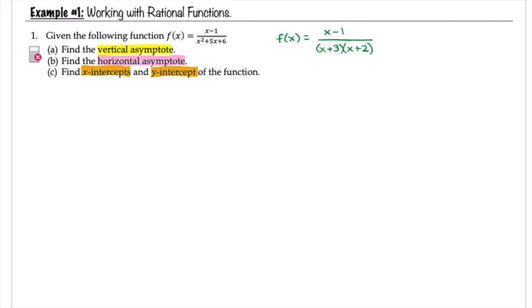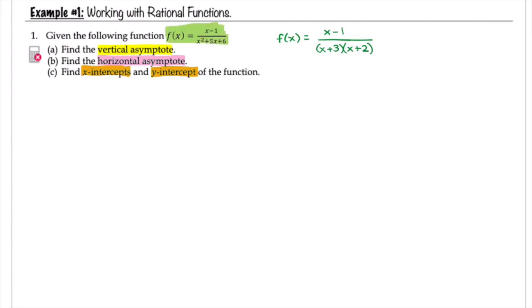If we were to factor this denominator, we would have a factor of x plus 3 times x plus 2. The reason that we are factoring is because we're going to see if we can cancel anything. Here, factoring wasn't useful, so I'm actually going to work with the original function.